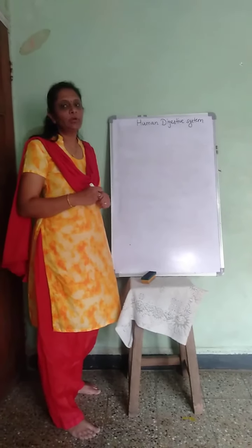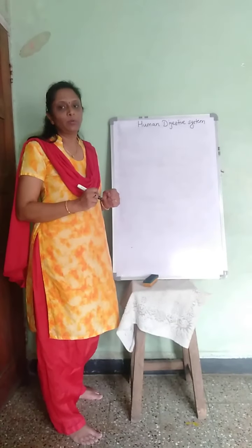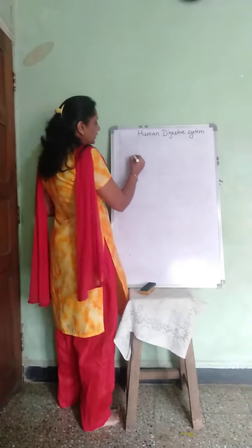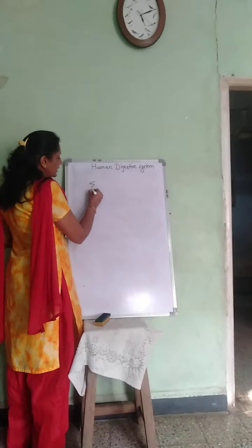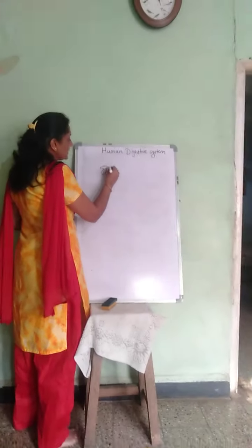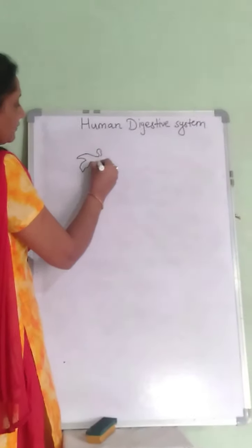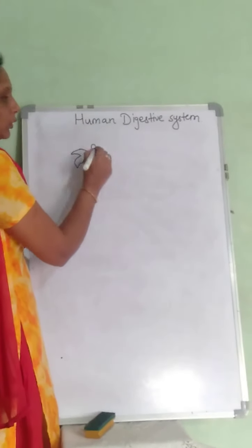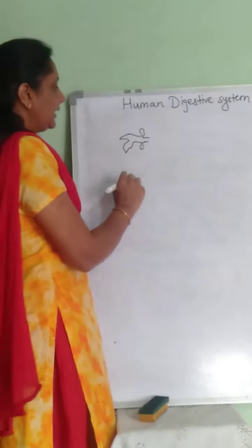As I have told you, it starts with the mouth, which is also called the buccal cavity. The buccal cavity has small extensions, which are nothing but the salivary glands. Below the tongue there are salivary glands.